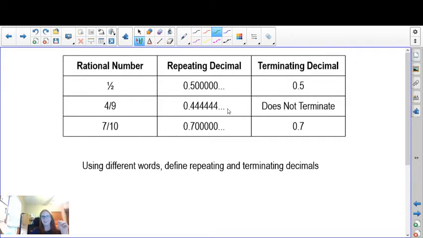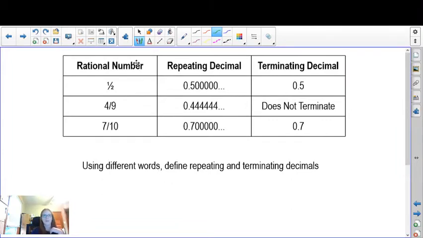It does not terminate because we will never hit that repeating 0. And then 7/10 can be written as 0.7000. And again, terminating, it can be written as 0.7.